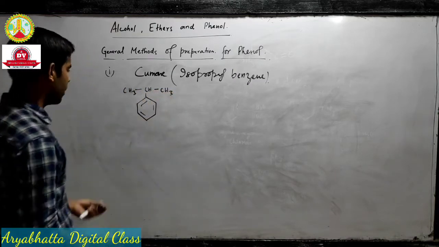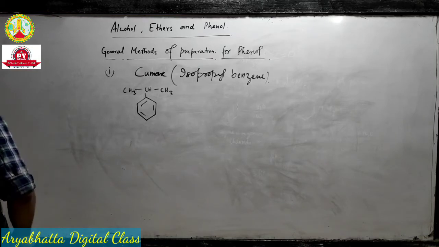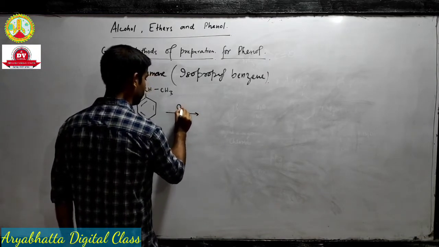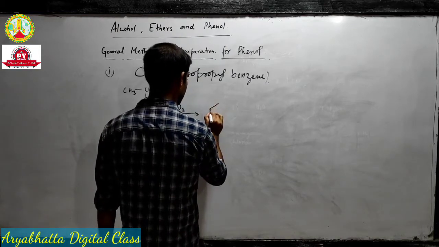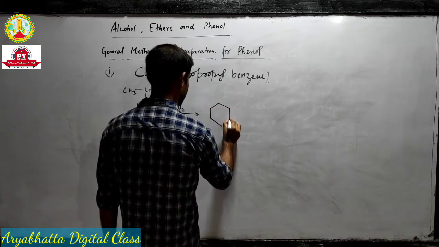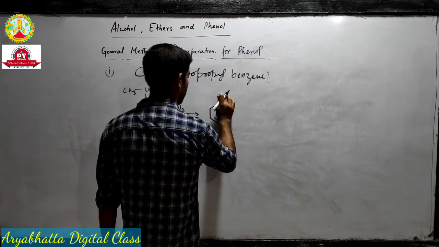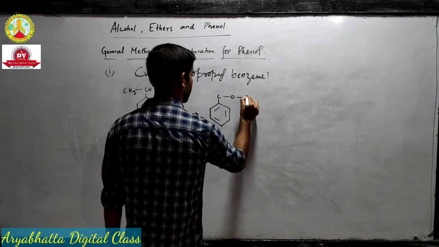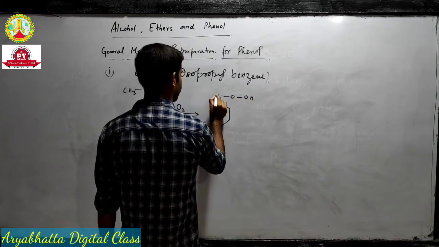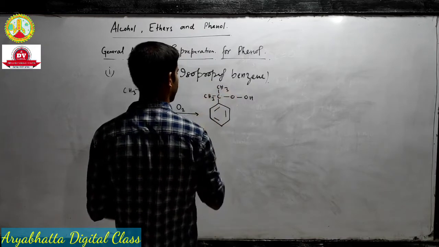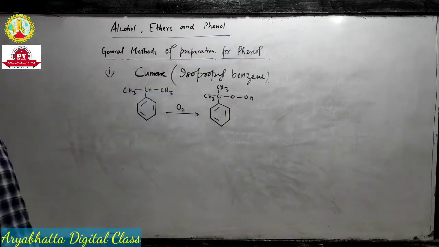So this is our cumene, isopropyl benzene. It reacts with O2 and it will form a peroxide.